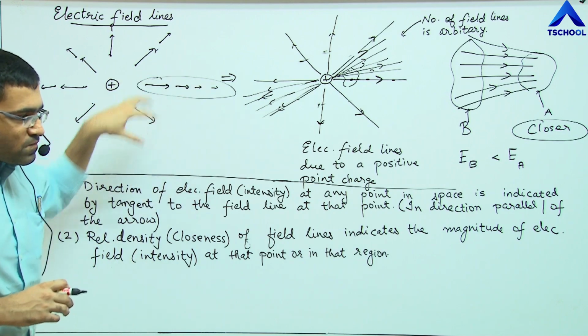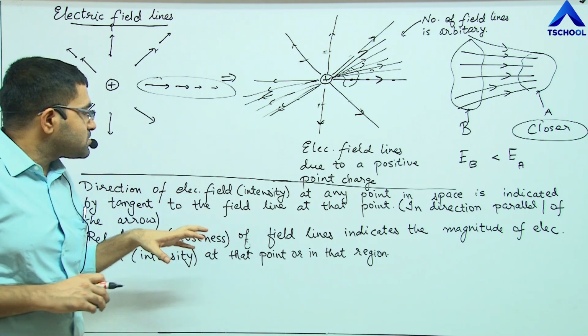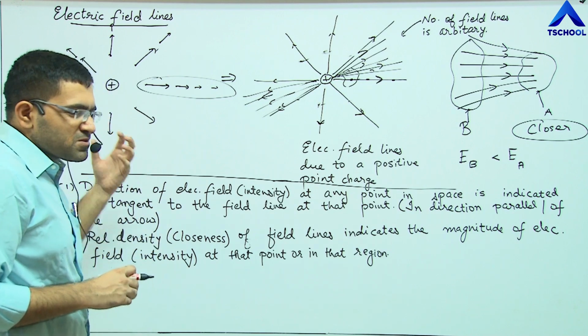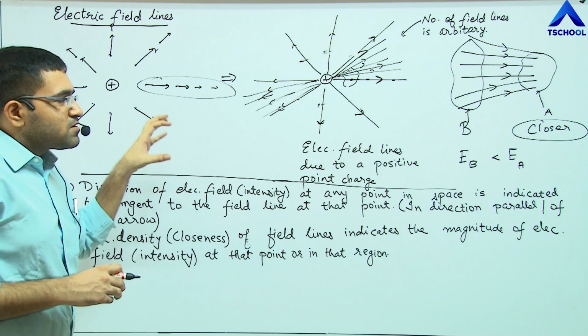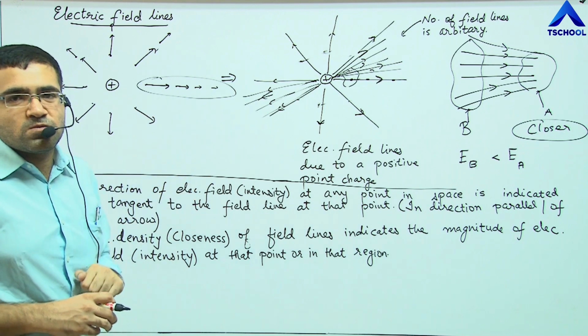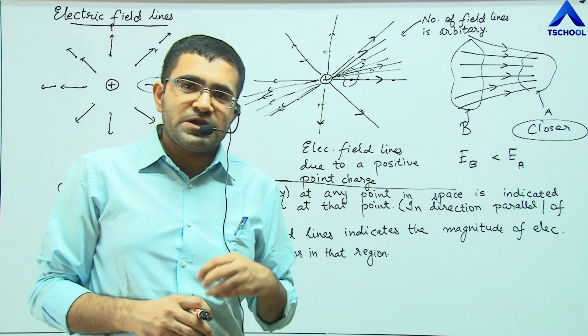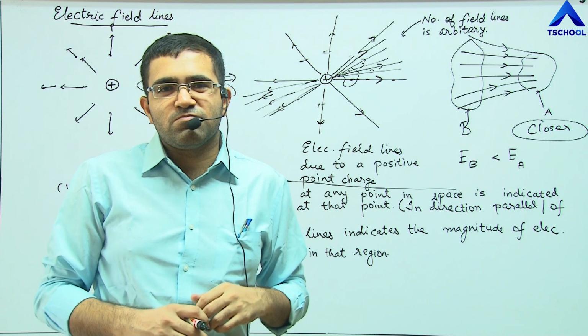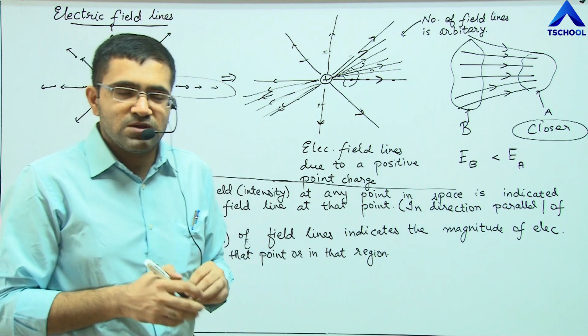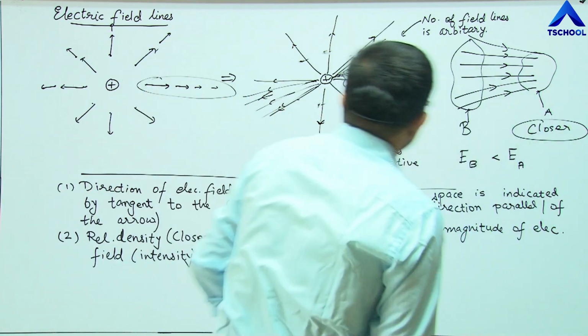Okay, so once we are done with these basic ideas about field lines, they're not really properties, we're now going to discover some important points or characteristics of field lines, or maybe you could call them properties of field lines, right? So let's start with that.